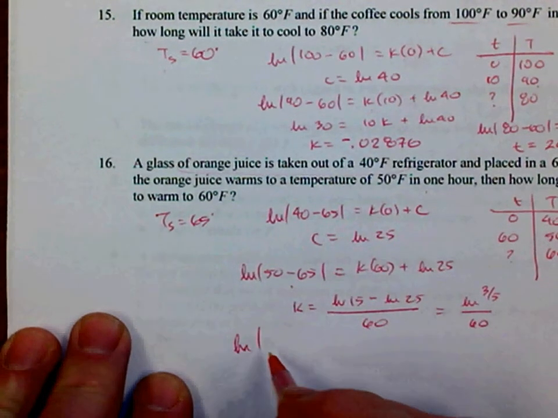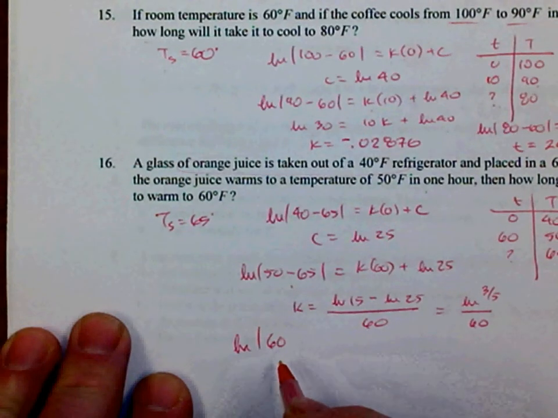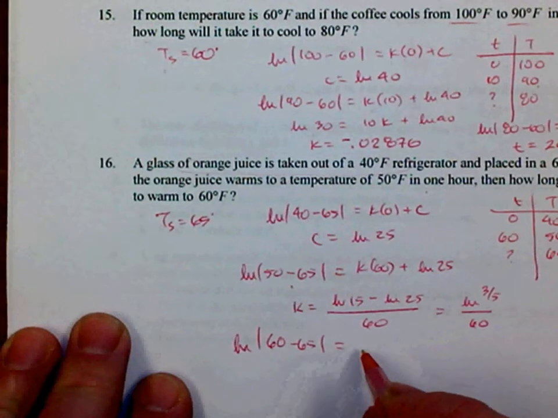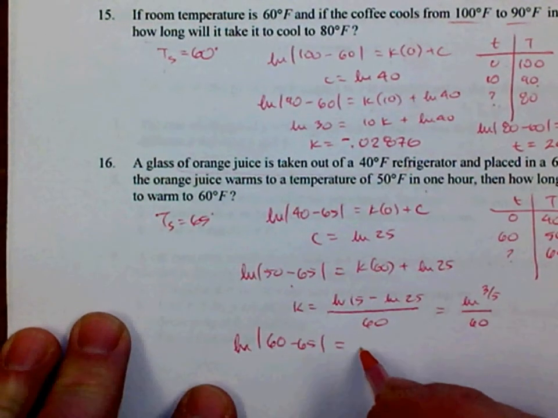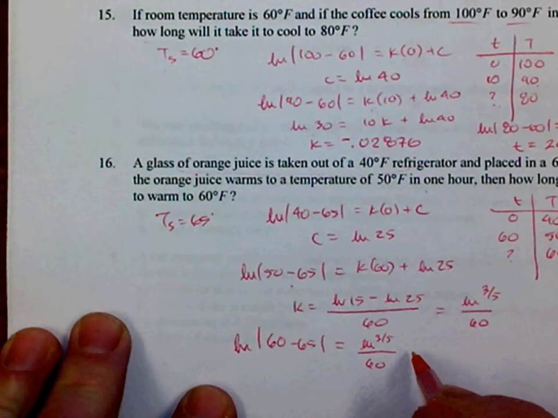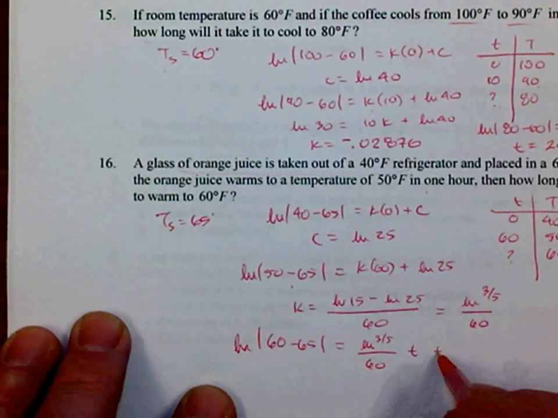The natural log of 60 minus 65 will equal K, which we now know is the natural log of 3/5 divided by 60, times t plus our C value, the natural log of 25.